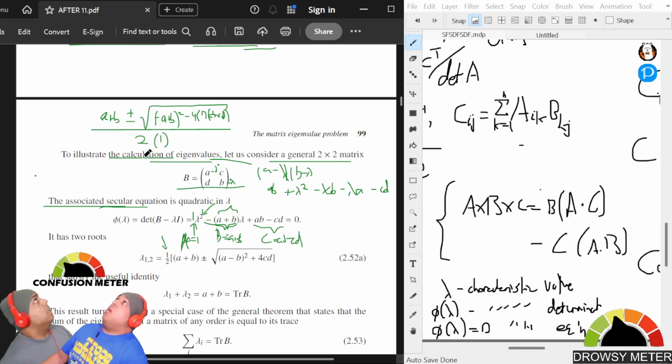Let's just compare these now. This half is just this 2. Half a plus b, plus or minus the square root of minus a.